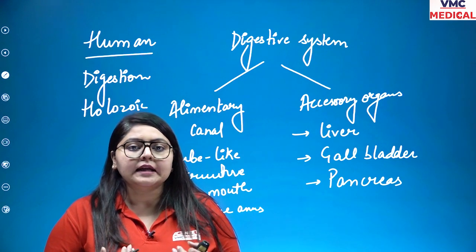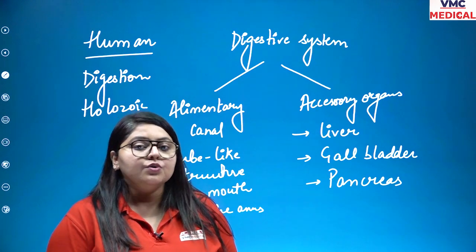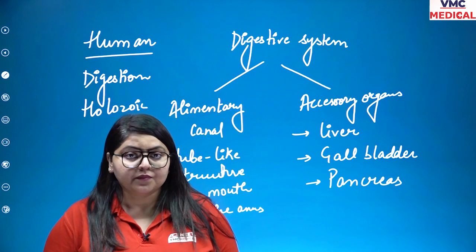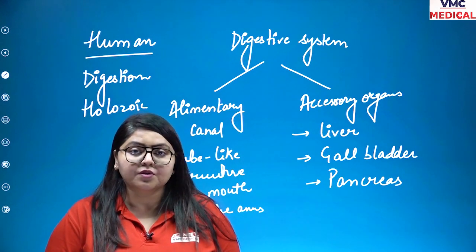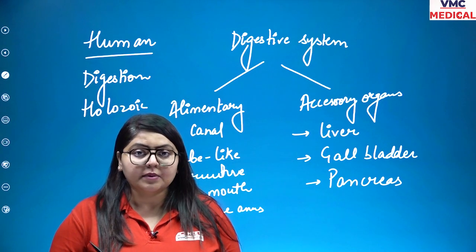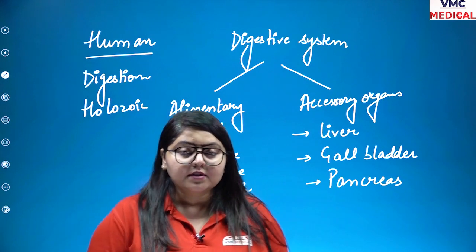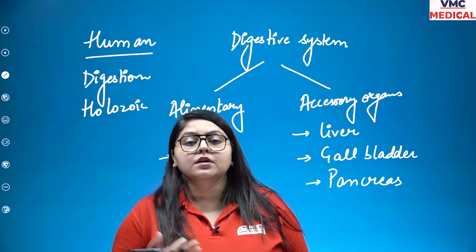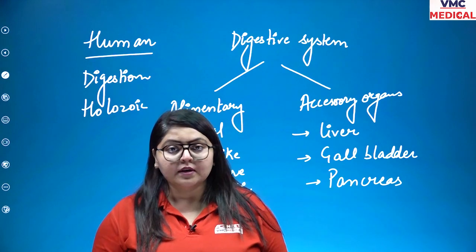Whatever you are eating through your mouth, you are chewing that with the help of your teeth, right? You have 4 types of teeth. Okay, hopefully you know this. So those are incisors, canines, premolars and molars, right?